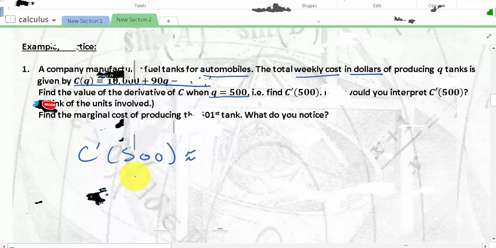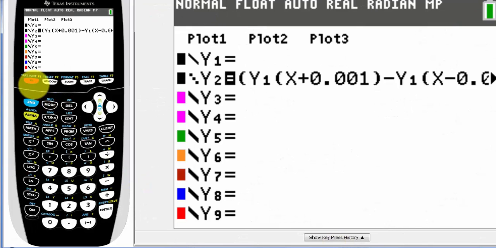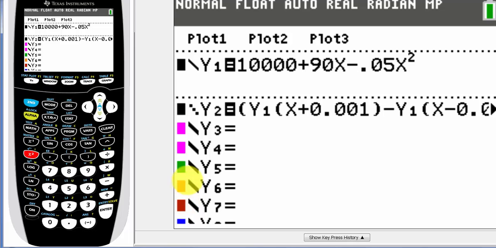Let's go to the y equals menu and enter the function: 10,000 plus 90X minus 0.05 X squared. Here is my total cost. And in y2, of course, you have the symmetric difference, which is a very good approximation for the derivative.